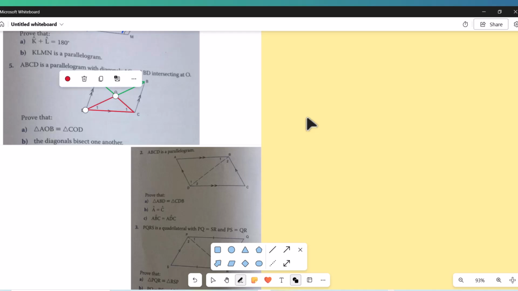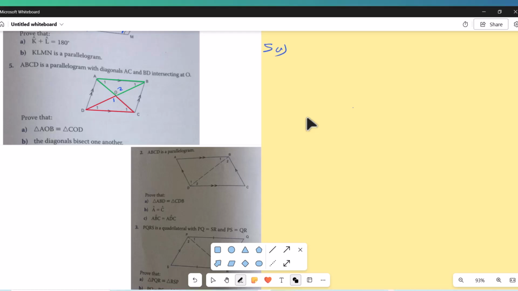Okay, now if you look at my triangles here, guys, do you see any sides or angles which are equal? If I say this is O1 and then O2, do you see any sides equal or any angles equal here? We're proving question 5A, okay?